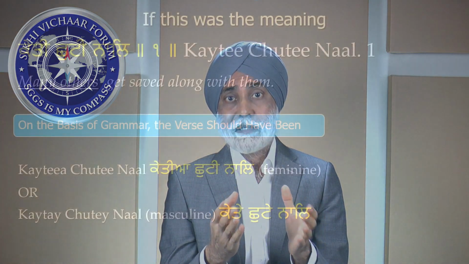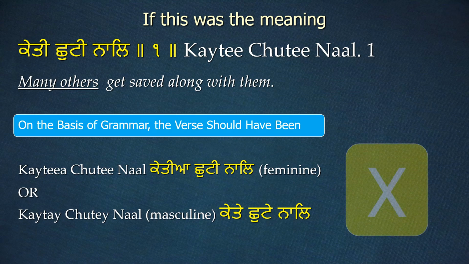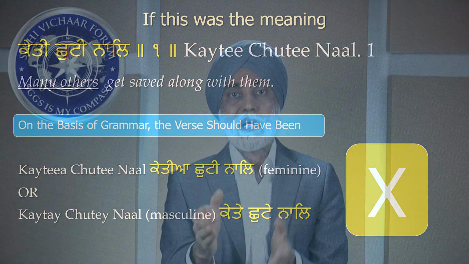So, on the basis of grammar, the verse being examined, namely, Nanak te mukh ujale keti chutti naal, should have been ketia chutti naal, whereby the verb action of chutti naal is feminine, or it should have been kete chutte naal, whereby the word subject is masculine. But neither of this is the case. The verse is keti chutti naal.